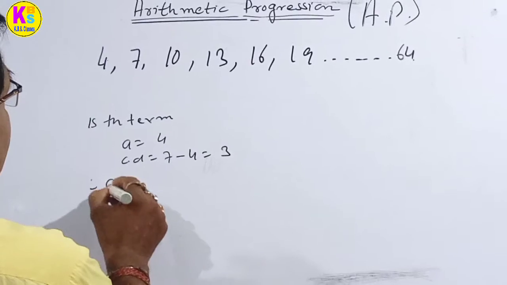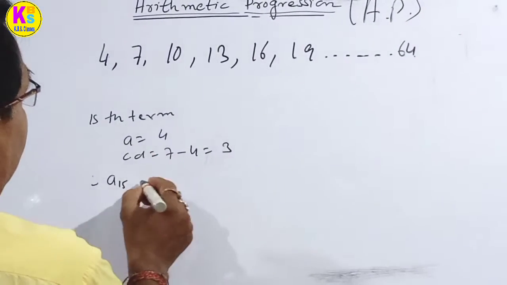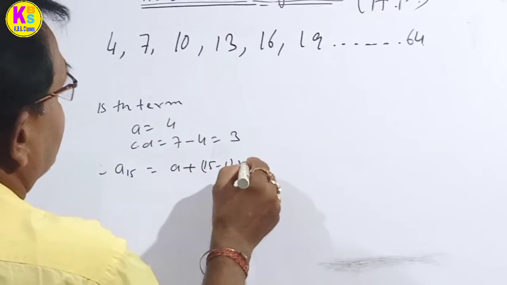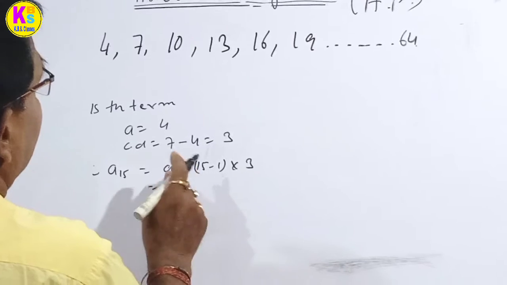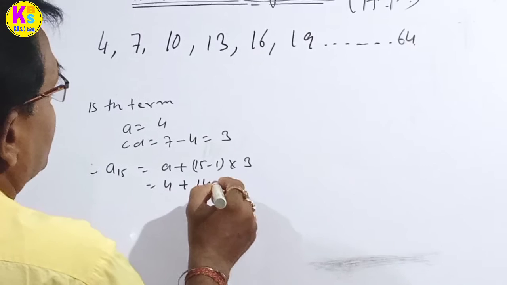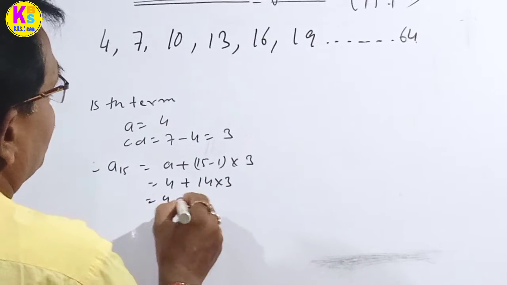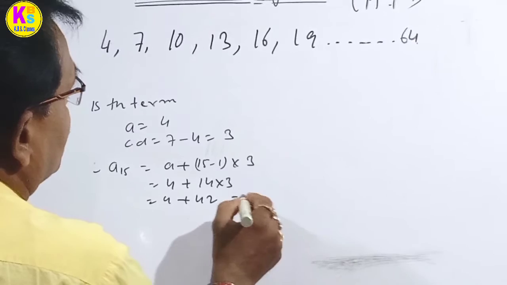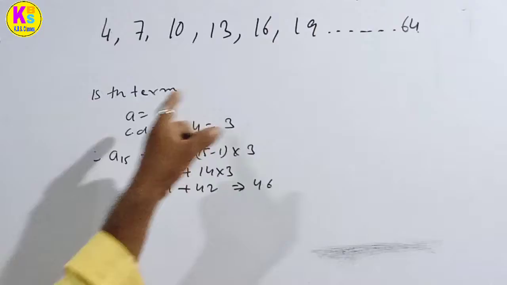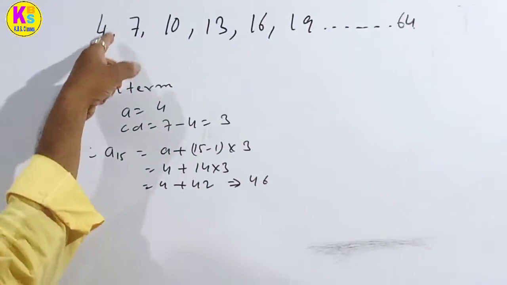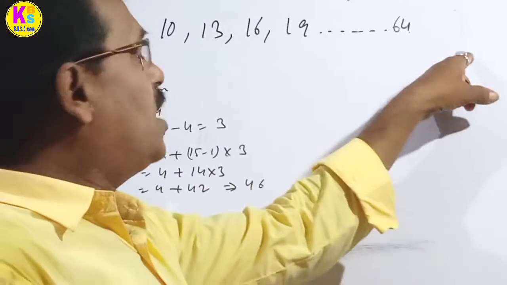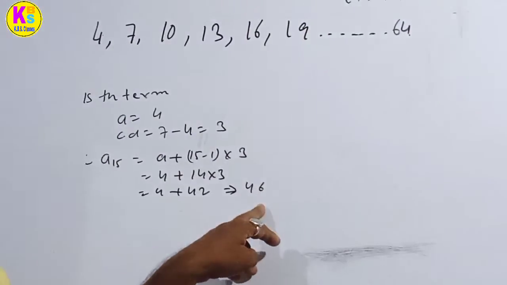Therefore a15 or T15 is equal to a plus (15 minus 1) into d, which is 4 plus 14 into 3, is equal to 4 plus 42, is equal to 46. So we have found the 15th term. If you start from 4, 7, 10, 13, 16, 19, in this way if you go up to 15 terms, then you will get 46.